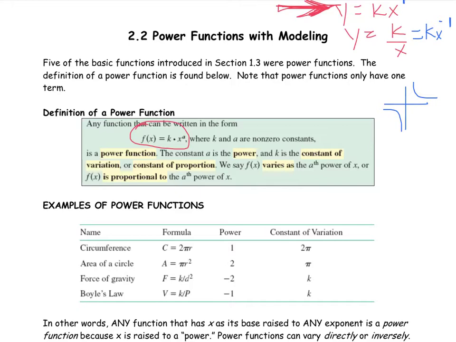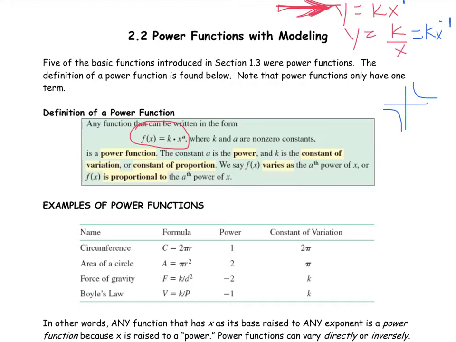So here they give some examples of power functions, and some of them are direct variations, and some are inverse variations. The key component is that all of these are monomials. It means it's just one term. Each of these terms has a constant, and each has a variable, and the variable has a power. The first example that they give us is circumference, and the formula c equals 2 pi r.